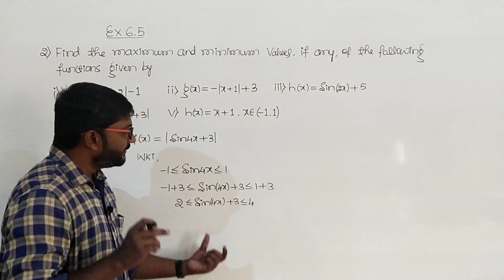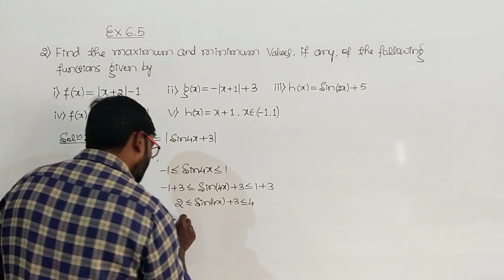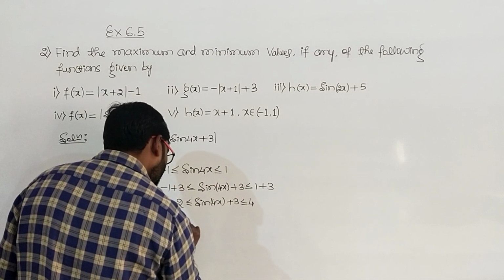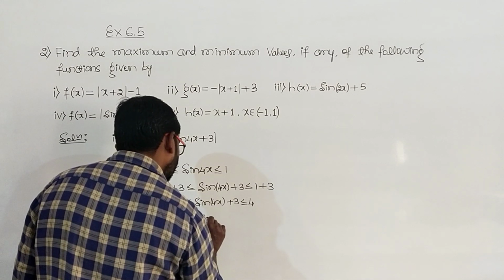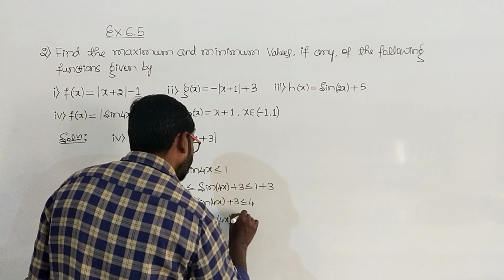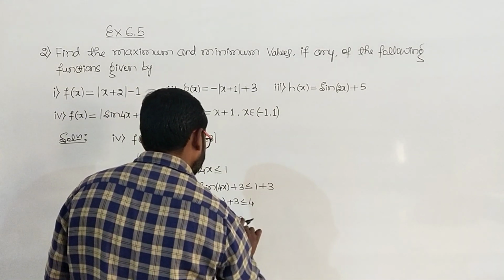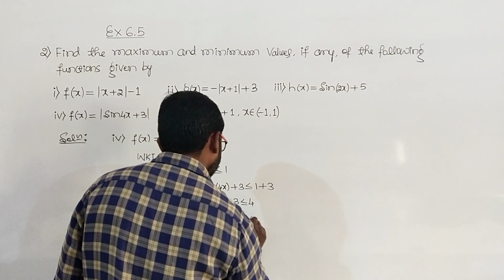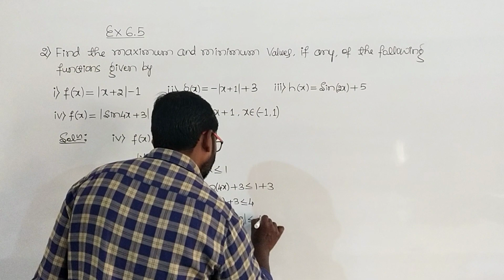So now you need the modulus. For every term take the modulus. Mod 2 is 2. Then I take the modulus function for mod of sin 4x plus 3, and then less than or equal to mod 4, which is 4. So what is this now?